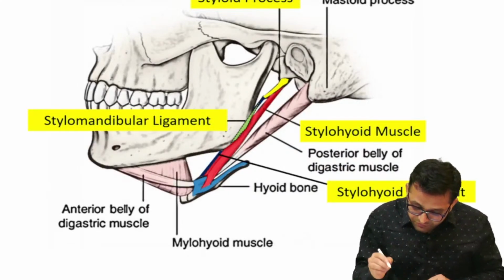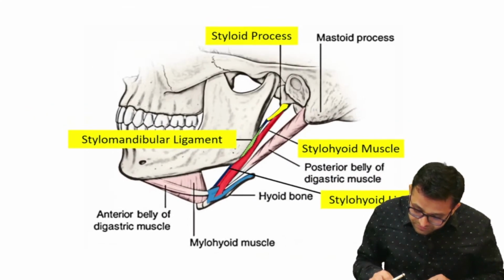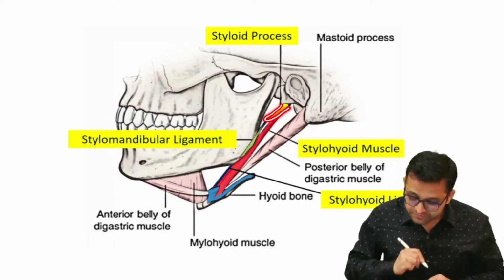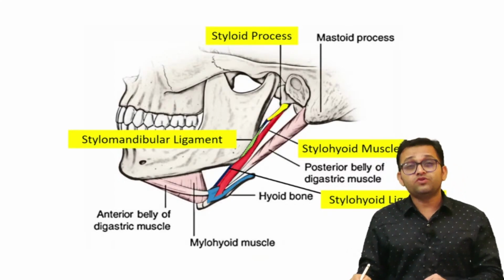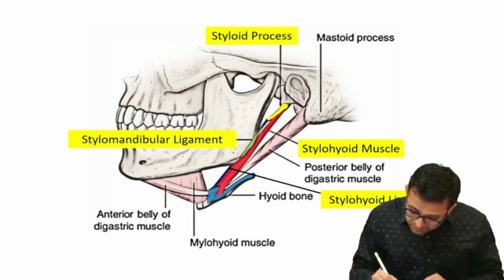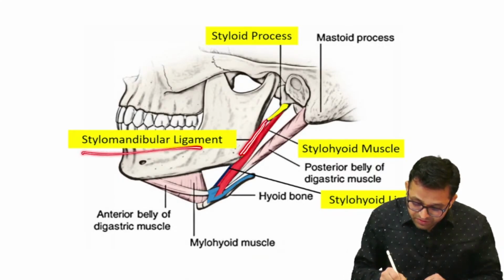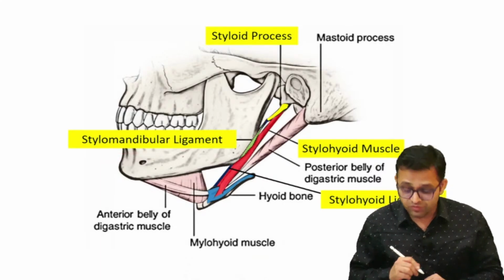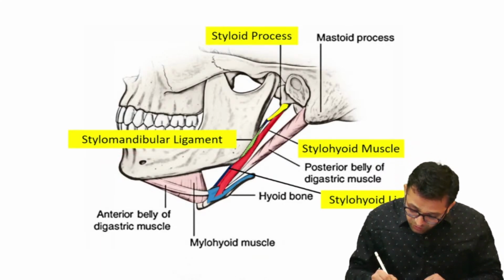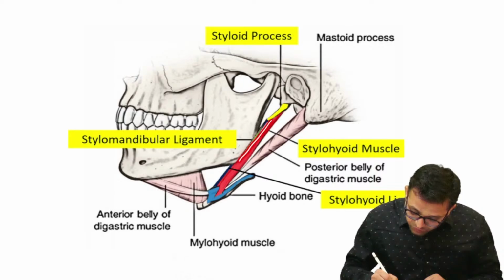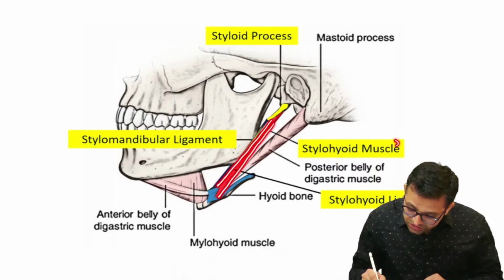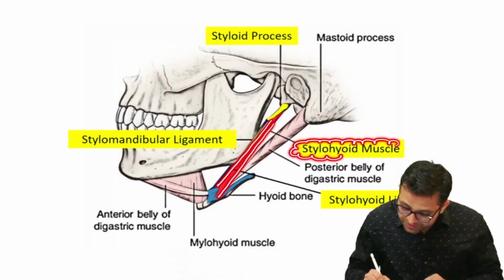We are going to learn from the basics. This is our styloid process, correct? And you can observe the ligament is attached, correct? Styloid process to the mandible. Break the name, get the idea. Stylomandibular ligament. We are going to learn about the muscle from the styloid process to the hyoid. So this is the stylohyoid muscle.